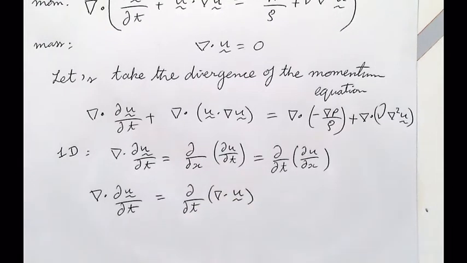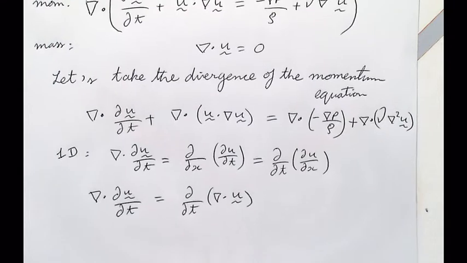Okay. And you said that's 0, but why did he say it's 0? Here is no term which is dependent on time. You're saying there is no term where? No term, nothing dependent on time.